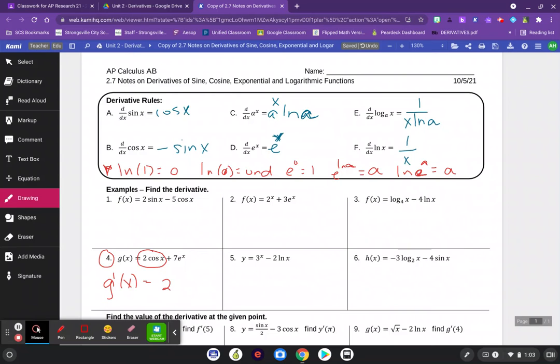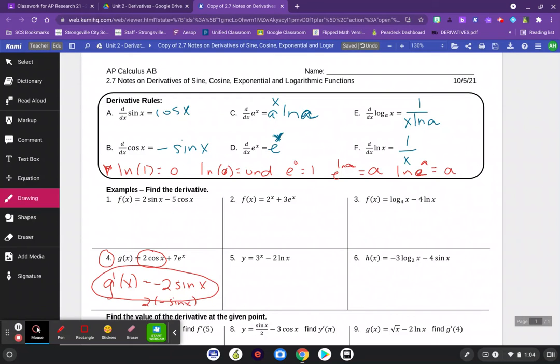We talked about that the last 2 days. And then I'm going to write the derivative of the function. So the derivative of cosine is negative sine. Now, personally, I like to put the negative out in front of any coefficient that is already there. This is really coming from the fact that you have 2 times negative sine of x, and 2 times a negative is just negative 2. This is my final derivative.